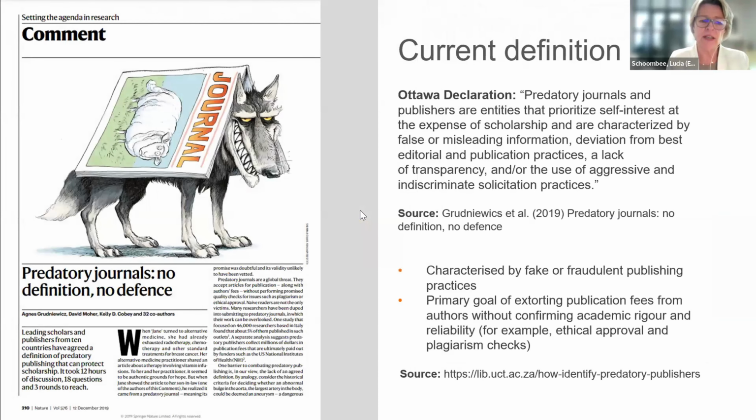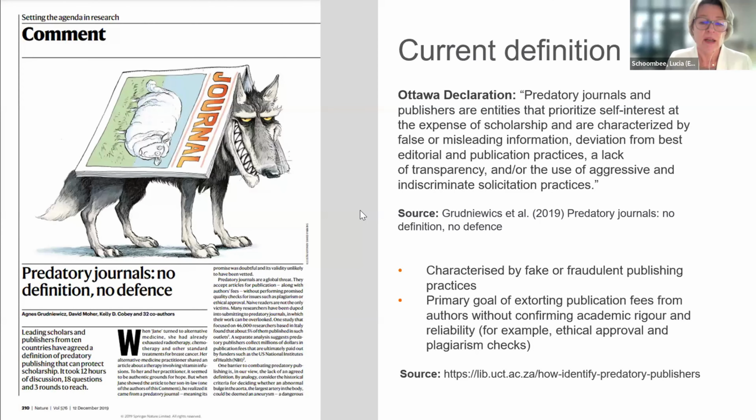But since 2010, when Beall started with this, there has been an effort to try to define predatory publishing, because there were different definitions. A very concerted effort was made to define it universally so that everybody understands what predatory means.